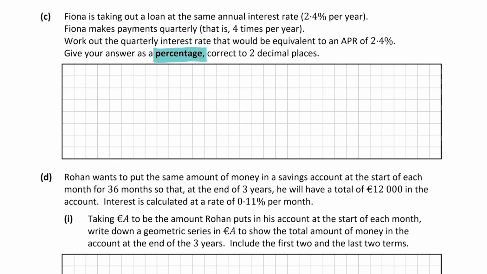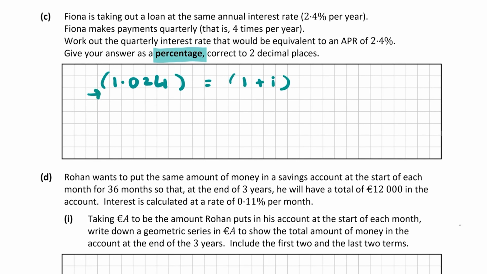So there's a certain method that you have to do when you're converting interest rates from yearly to quarterly to monthly and so on. So we know that the interest rate for the year is 1.024. We're working out the interest rate for the 4 quarterly installments. So that's 1 plus i.